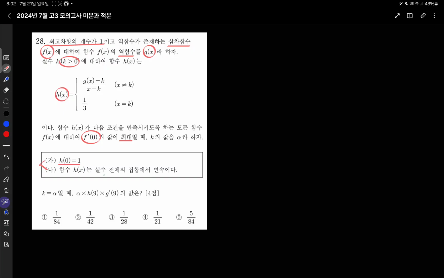The second condition is h of x is continuous in all real numbers. And when these conditions are met, the value of k is equal to alpha.